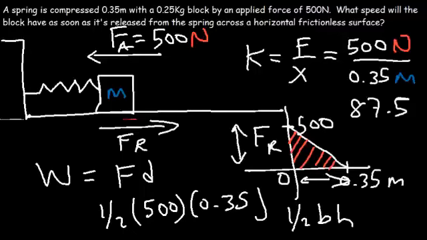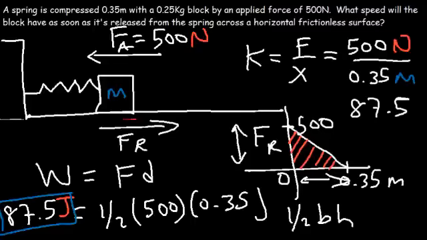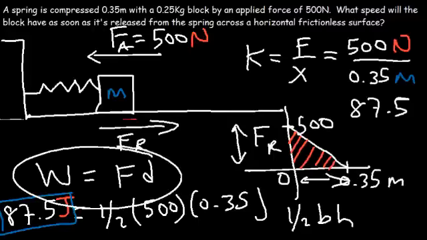Half of 500 is 250, and 250 times 0.35 gives you 87.5 joules. So that's another way in which you can calculate the kinetic energy gained by the block, by using the work equation. But if you're going to use the restoring force, you need to add a 1/2 to it, because the restoring force is not constant.